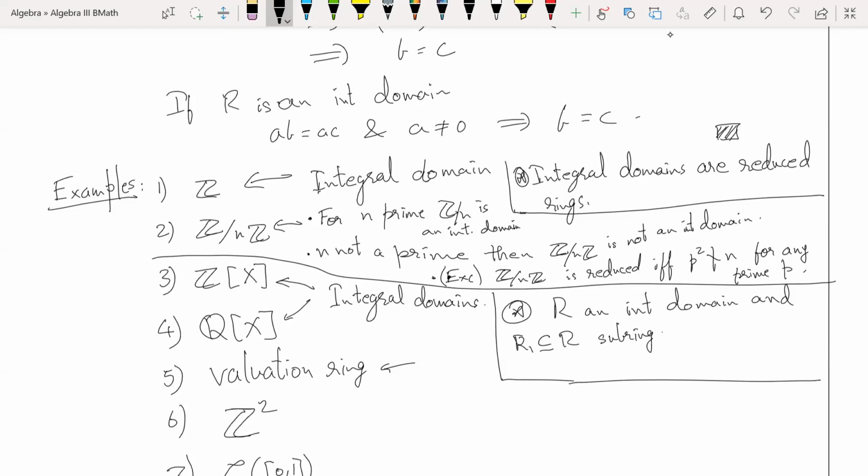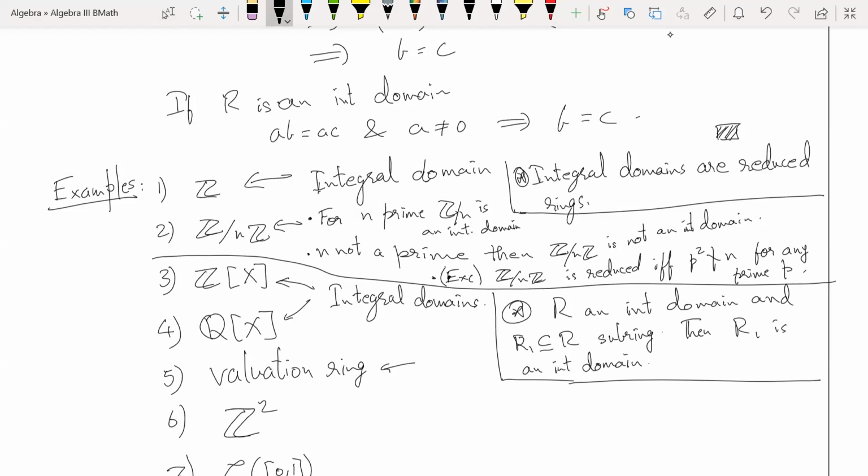Okay, so if R1 is a subring of R, then R1 is an integral domain. Right, so this is obvious from the definition of integral domain.